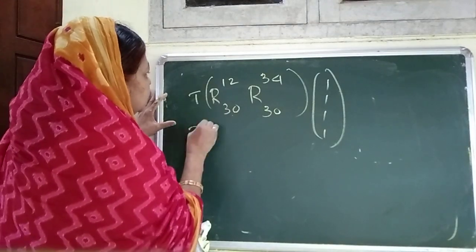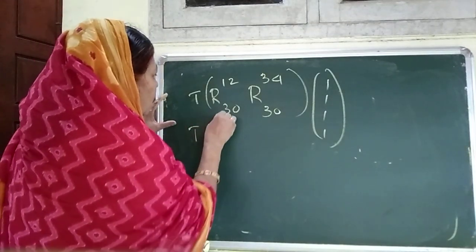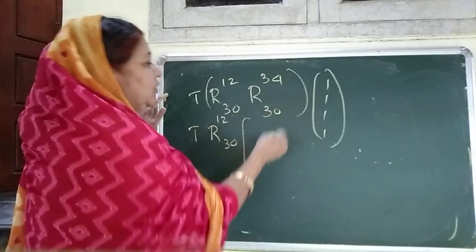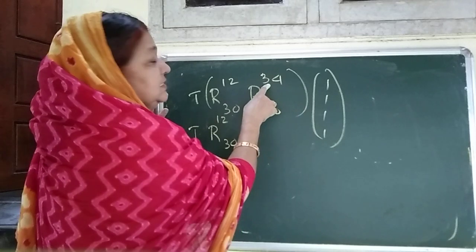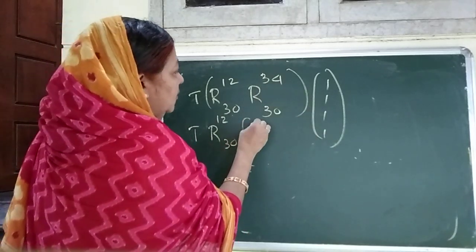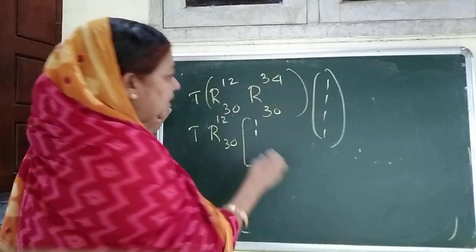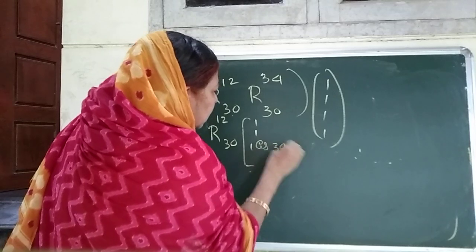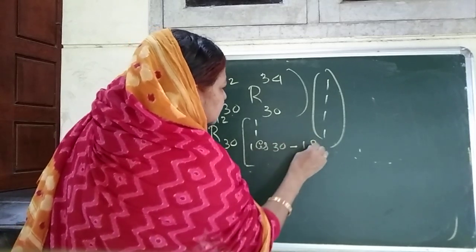Here 3, 4 are the third and fourth coordinates, so 1, 1 remains unchanged. We have to find 1 cos 30 minus 1 sin 30.